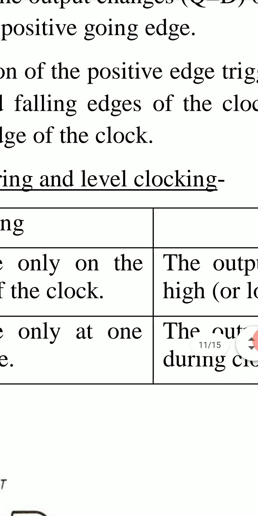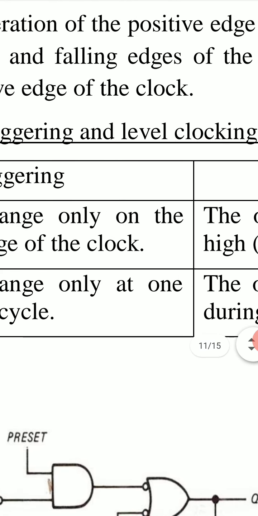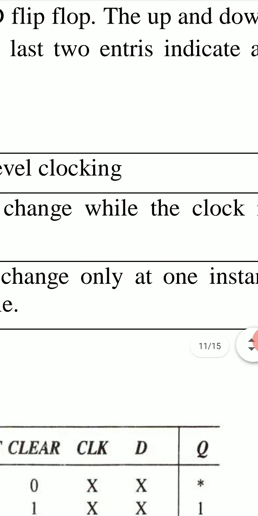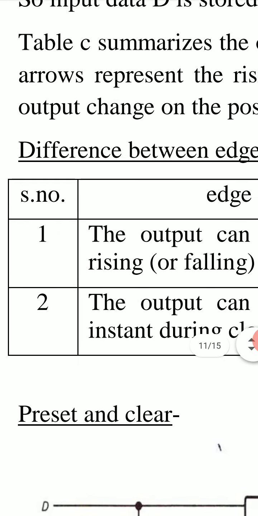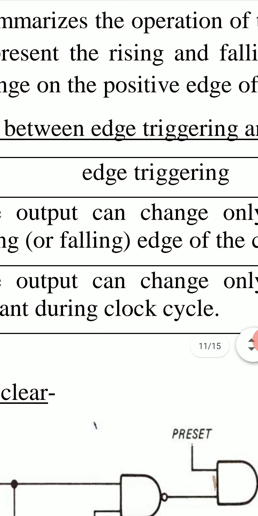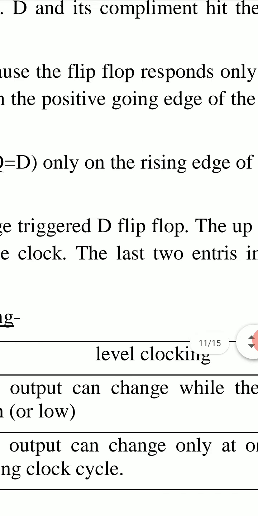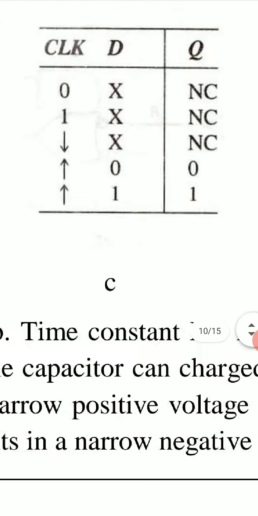The up and down arrows represent the rising and falling edges of the clock. The last two entries indicate an output change on the positive edge of the clock. Look at the truth table. This is the truth table.